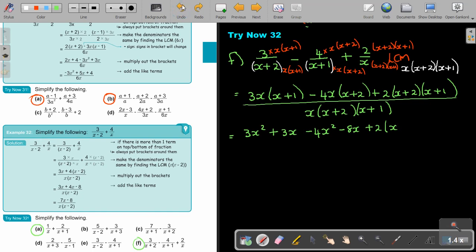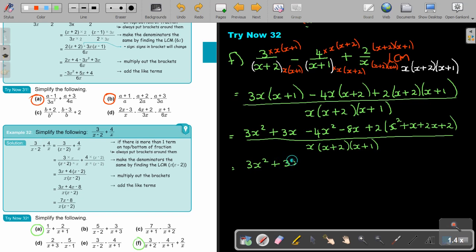Multiply the bracket out. So this will be x squared plus x plus 2x plus 2. So it's x squared plus x plus 2x plus 2. And then this will be over x plus 2, x plus 1. And that is going to give me 3x squared.